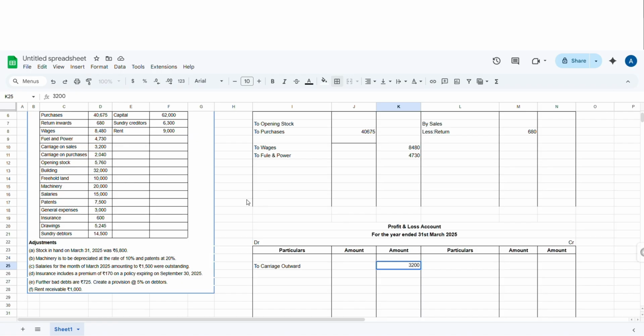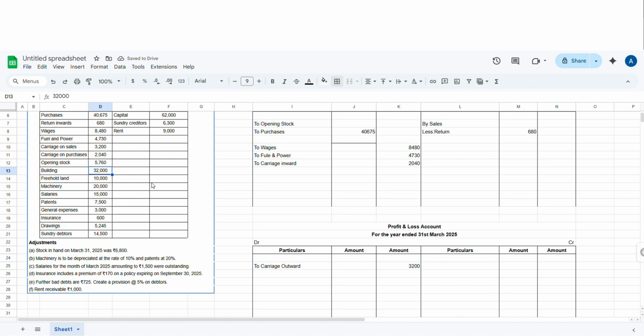Next we have carriage on purchases. This is carriage inward, 2,040.